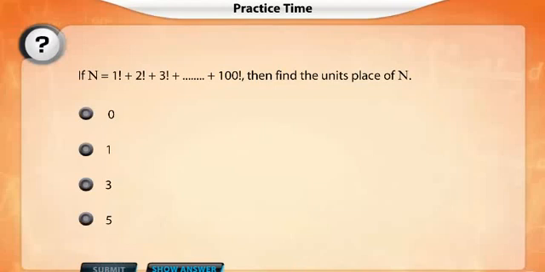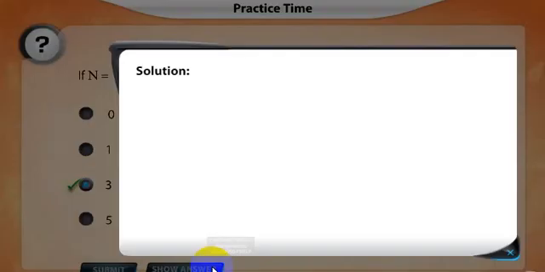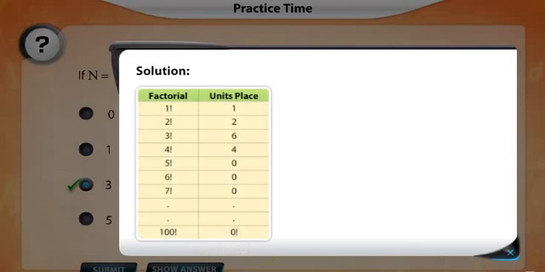Which of the following gives the units place of the given sum? Consider the given table. It can be seen that the units place of all factorials starting from 5 is equal to 0. This is because 5 factorial has 5 and 2 as factors, which makes it end with a 0.